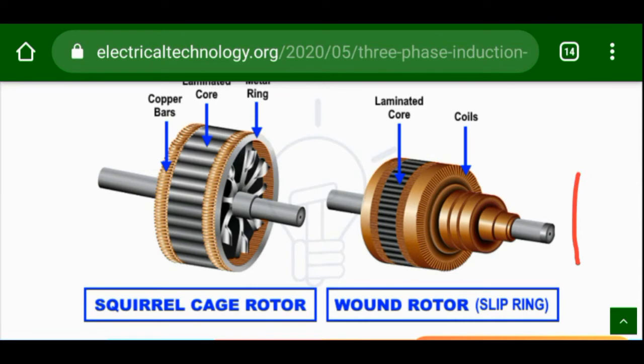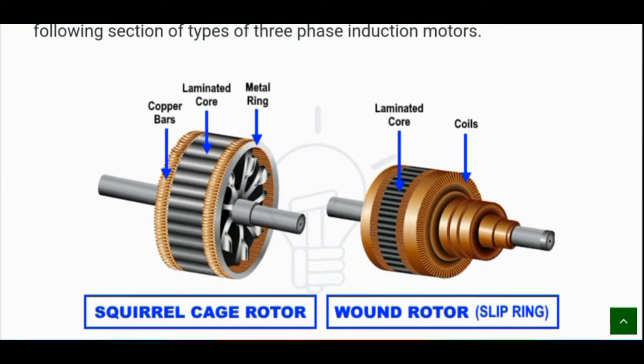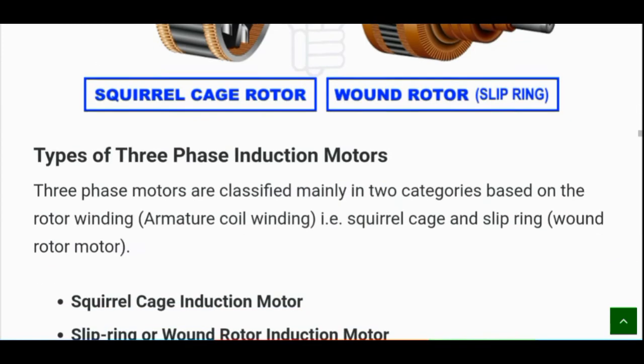As you see, these are copper bars, this is a laminated core, and this is a metal ring. And here in the wound rotor, this is a laminated core, and these are the coils.